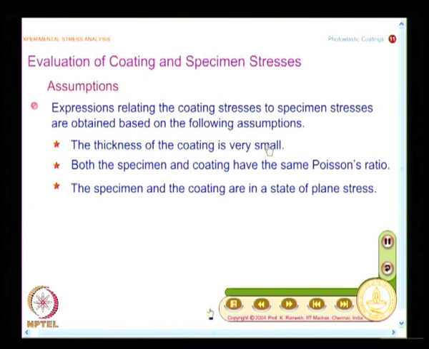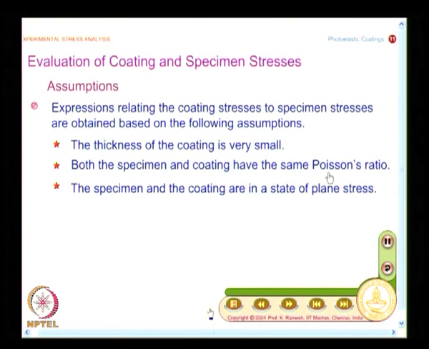In certain class of problems it affects, in certain class of problems it is not a very serious mistake. So, the thickness of the coating is very small, and I said in all the experimental methods Poisson ratio will be a nuisance, and here you assume both the specimen and coating have the same Poisson's ratio.